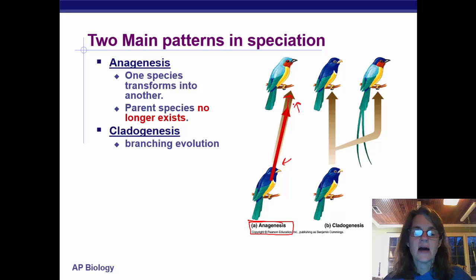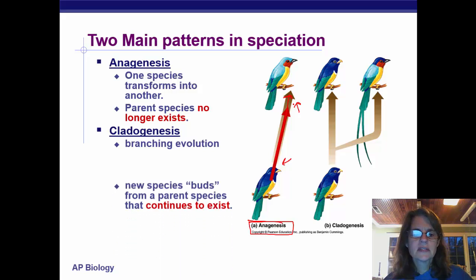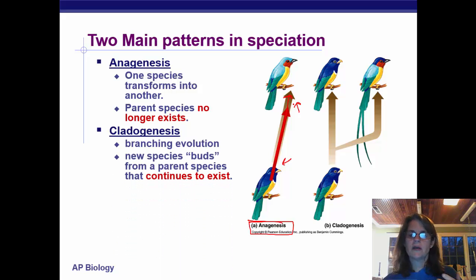Cladogenesis is branching evolution. That term relates to the cladogram term that we've been using with our evolutionary trees. This is the type of evolution in which the parent species, here's our parent, continues to exist.